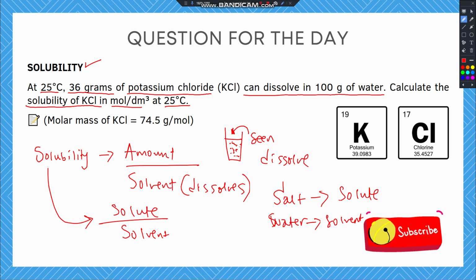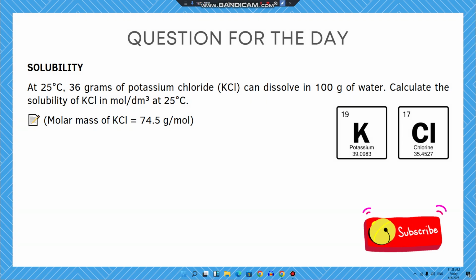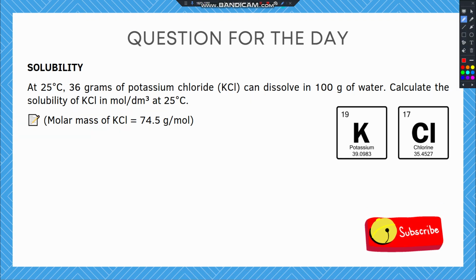And in this case, they want us to determine the level of solubility in moles per dm³. So they are asking us how many moles of KCl can be dissolved in 1 dm³ of water. That is what the question is simply asking us to do. So now that said, let's go ahead and solve this question step by step.